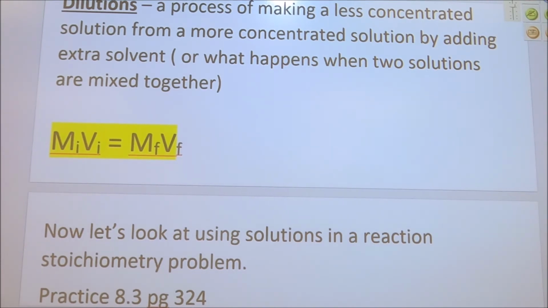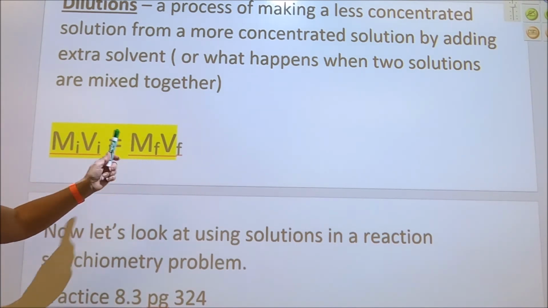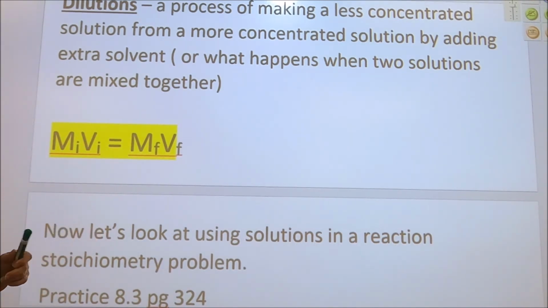The nice thing about a dilution is that the moles of solute haven't changed, just the volume of the solution. We know that molarity times volume equals moles of solute. So when I put them in a bigger volume, a bigger container, it doesn't change the number of moles of solute.